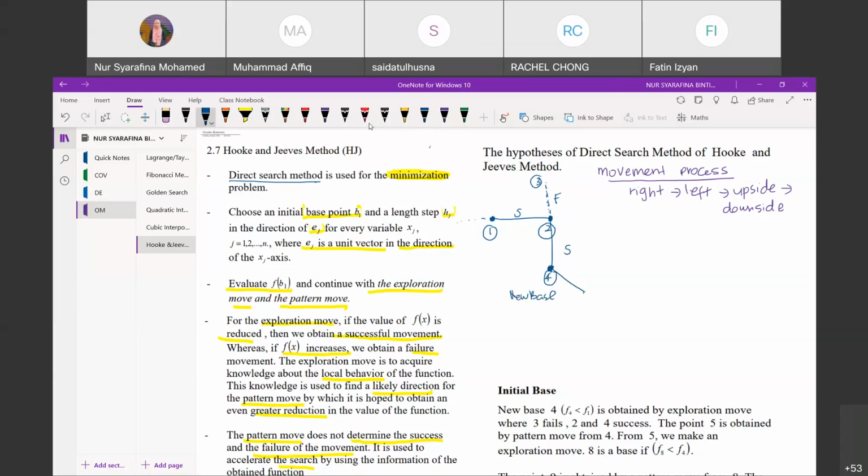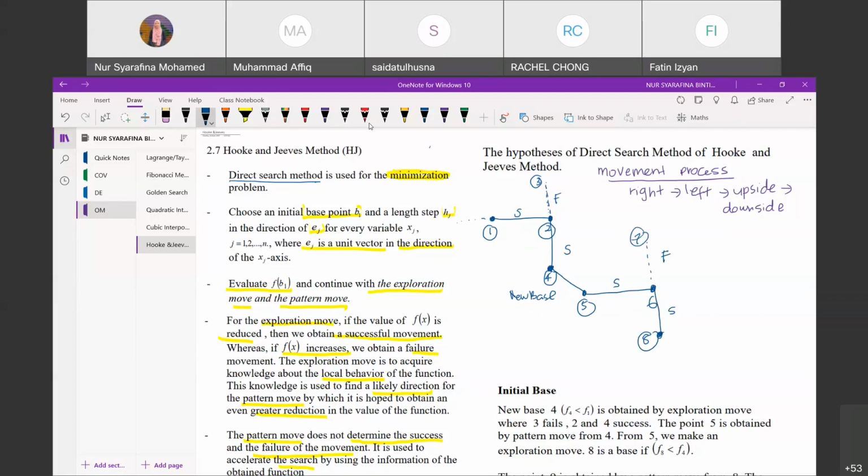Again, we move to the right, and if it is success, try to move to the upside, and if it is failure, we move again. Then this is our new base. So this is success. It is not always like this, but this is how we move. Understand or not? Any question?